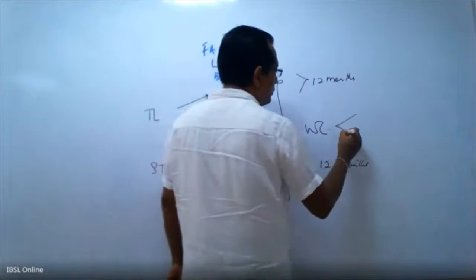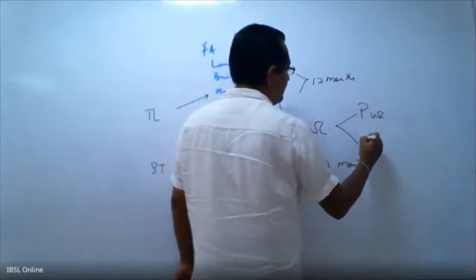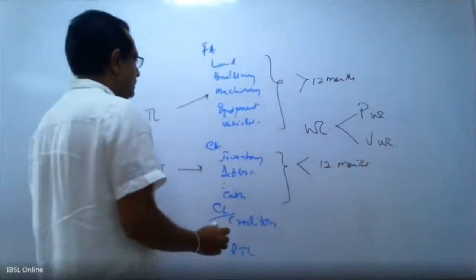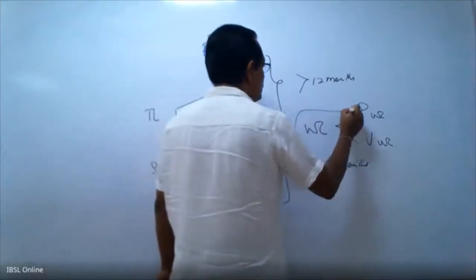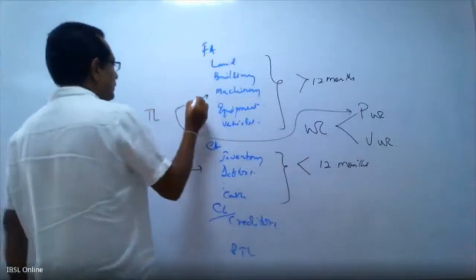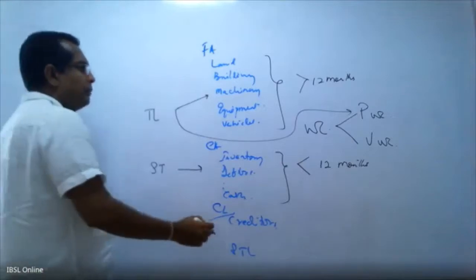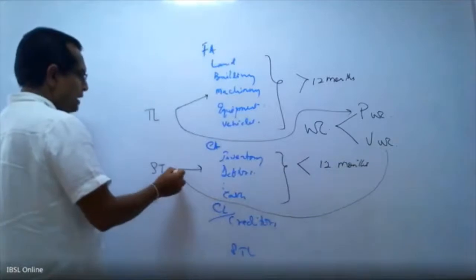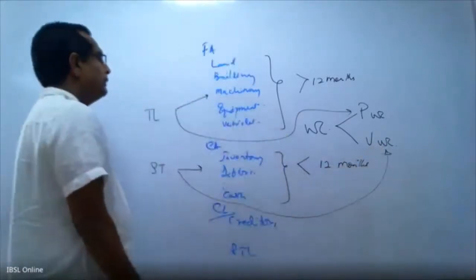When we come to working capital, you have permanent working capital and variable working capital. So the permanent working capital part should be financed through term loans or term funding, right? Permanent. Whereas the variable part of the working capital needs to be financed by short term, right?